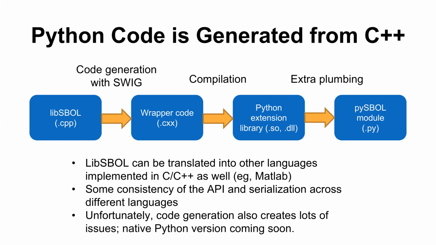In theory, you can generate JavaScript and Java, but really Python is the most well supported by SWIG, and really it's been the only thing that there's been large demand for. The other advantage of doing it this way is that you would have some consistency of the API and serialization. You would have basically one code base that you would need to maintain, and then you could theoretically keep all these other scripting wrappers in sync.